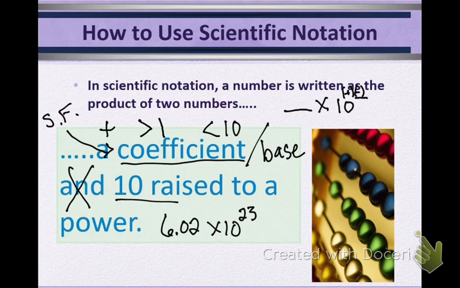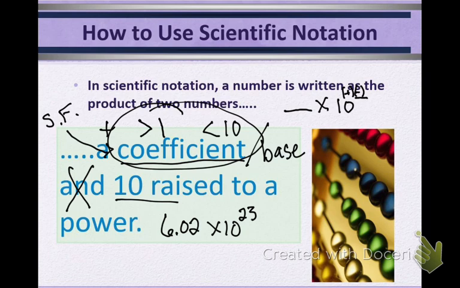Is my coefficient greater than 1 but less than 9? Yes, it is. What would be a bad example of this rule if I had 60.2 times 10 to the 23rd? Is this correct? Because it's greater than 9, I need to move my decimal one more spot to get that 6.02.